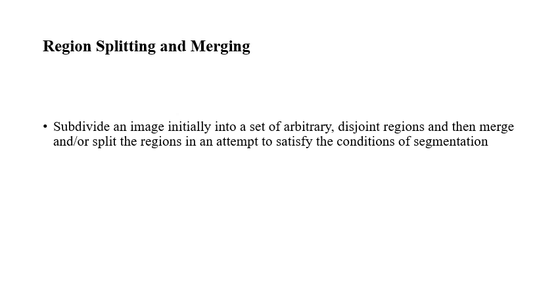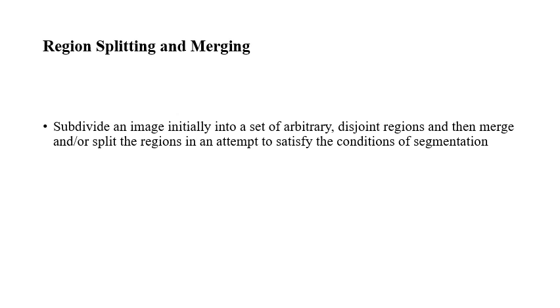When we do this splitting, we split into small, disjoint regions, and in each of these regions we try to see that they have some similarity, because when we go for region-based segmentation, we are very particular about the predicate we are using or some predefined criteria.